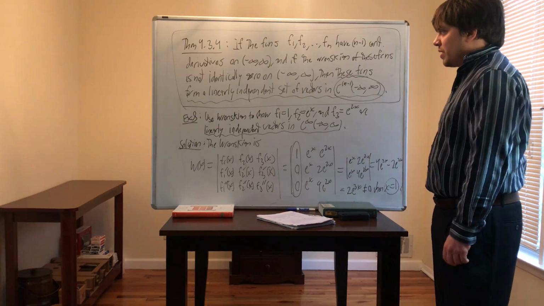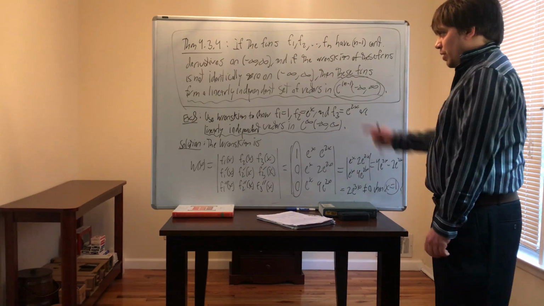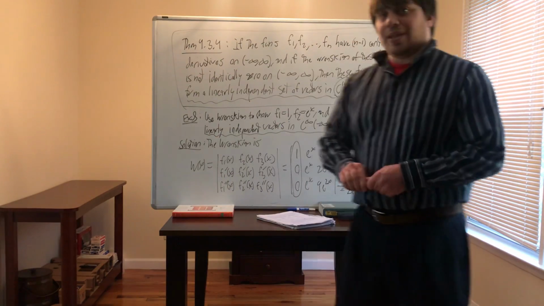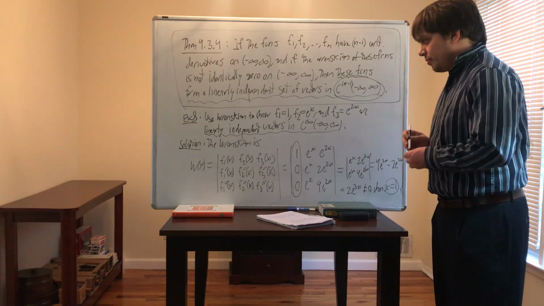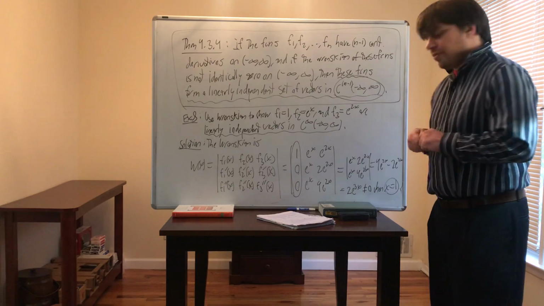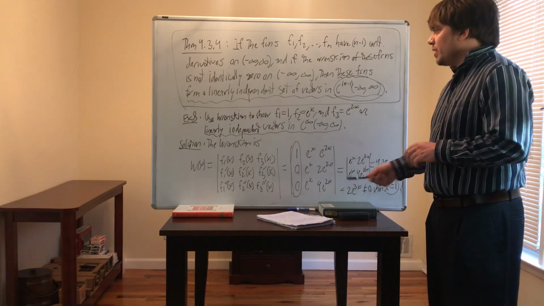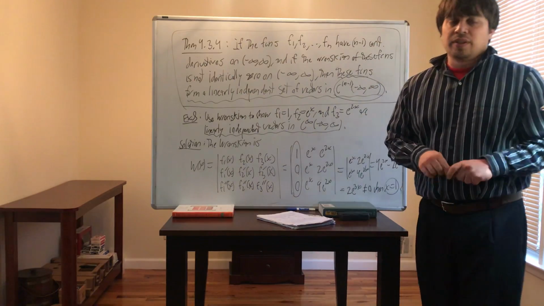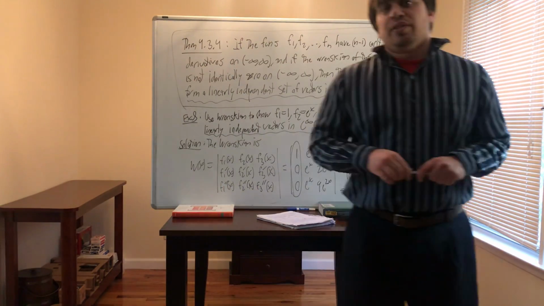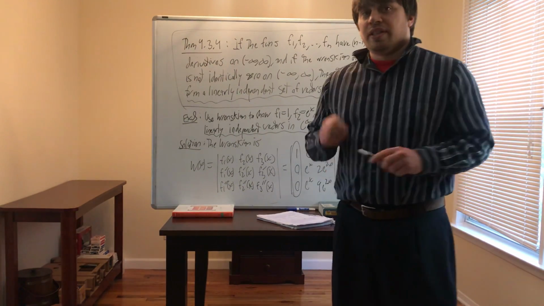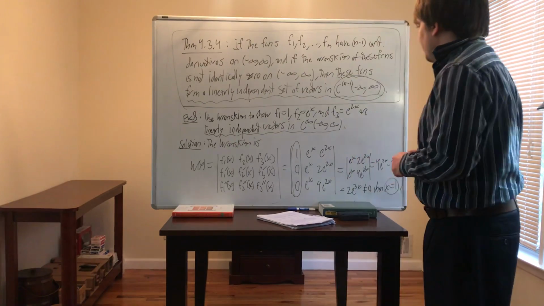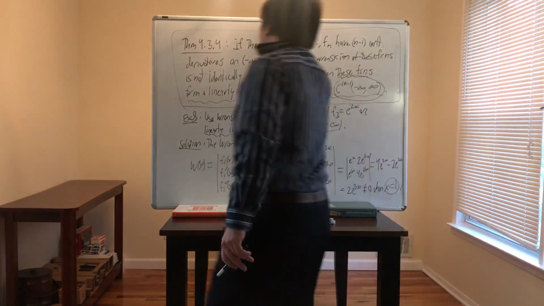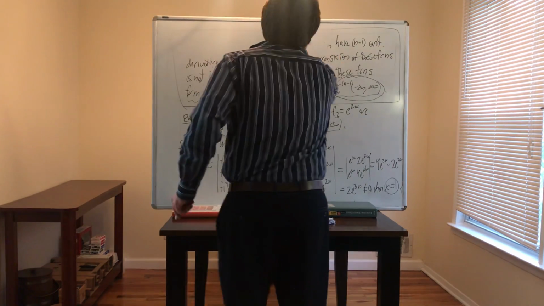By showing the Wronskian is not identically 0, we reached the conclusion by this theorem that they are linearly independent. Again, saying it's not identically 0 means that there's some input into the Wronskian that would make it non-zero. It doesn't have to be non-zero everywhere. There just has to be at least one input that makes it non-zero. Okay? Okay, and that's example 8. And it uses the theorem.